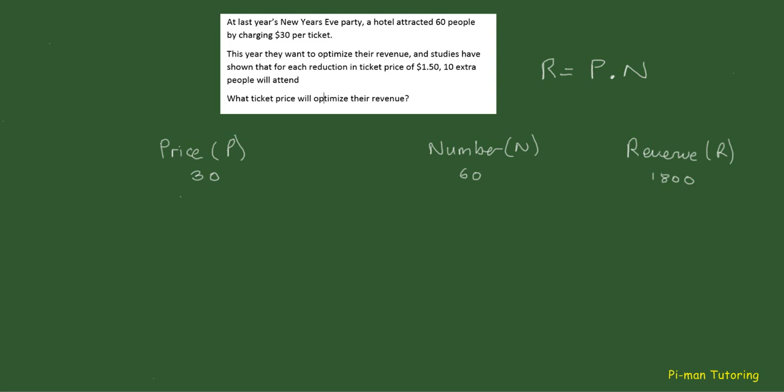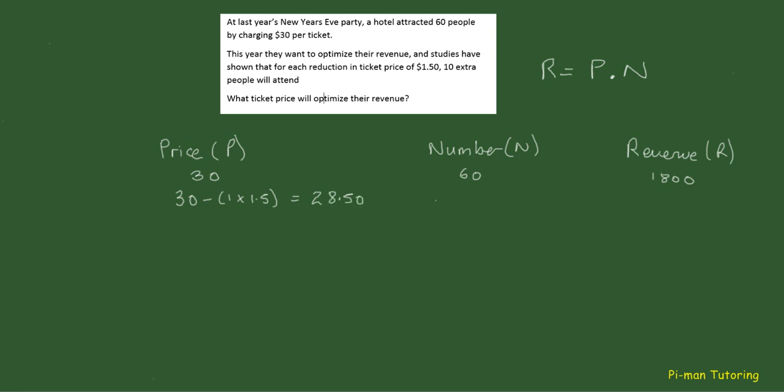The next thing we're told is that if we reduce the price by $1.50, our new price will be 30 minus 1 times $1.50, and that means $28.50.